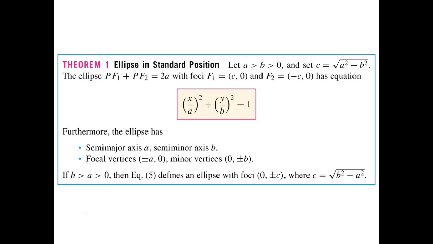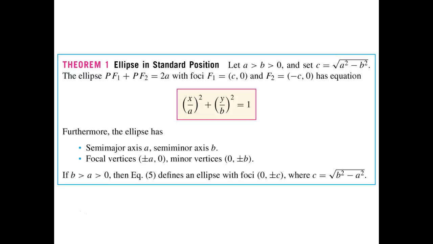That's why they introduced the C there. Okay. That's your equation. Furthermore, the ellipse has a semi-major axis A, semi-minor axis B. That's if the foci are on the x-axis. Focal vertices plus or minus A, 0, minor vertices plus or minus B, 0. Okay. That's where they cross the x-axis and y-axis.